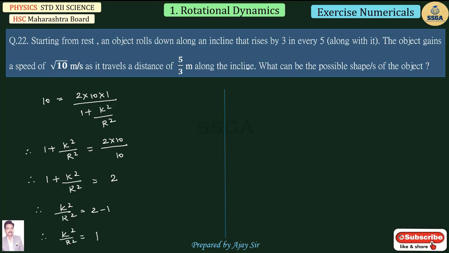So here the radius of gyration k is equal to r, and this is possible for a ring or hollow cylinder.